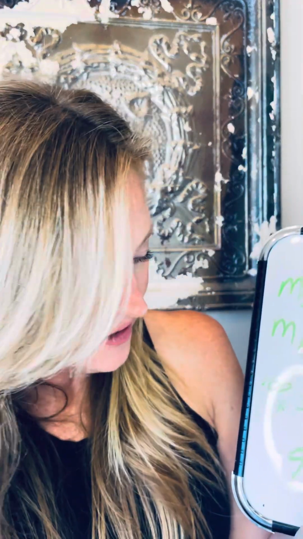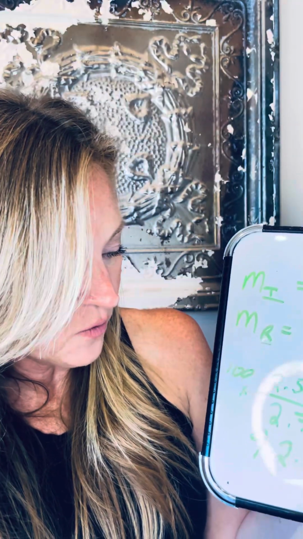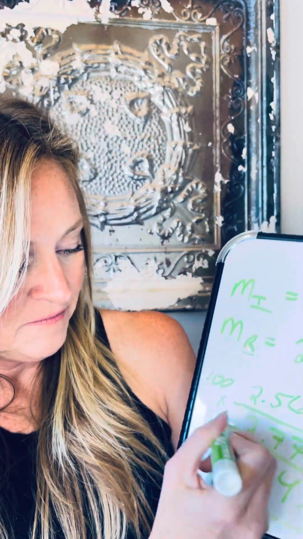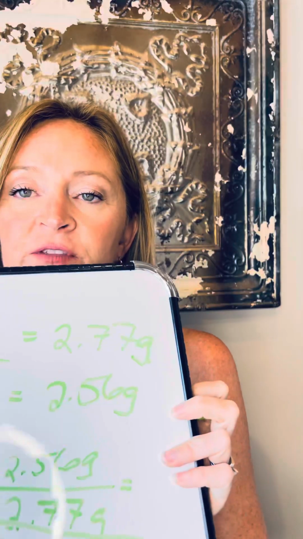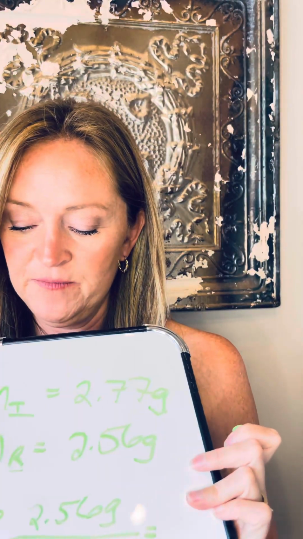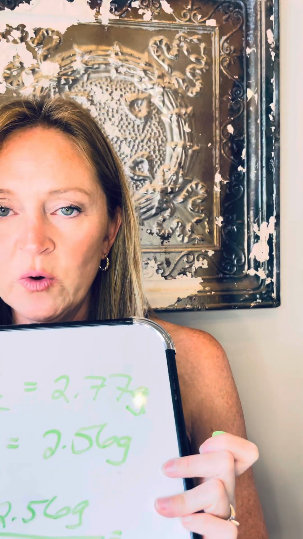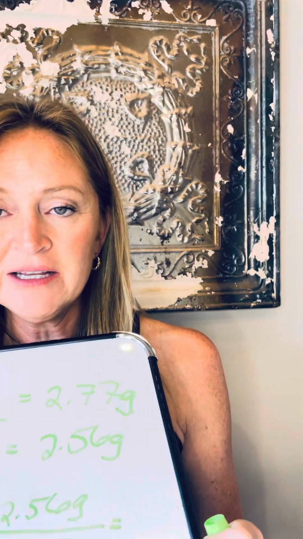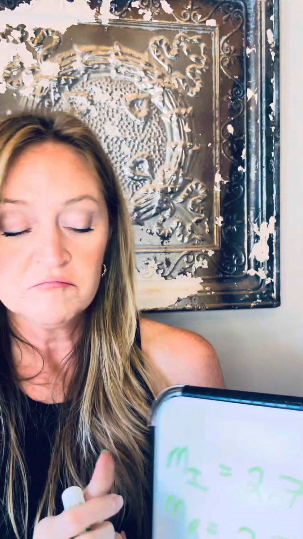My percent would be 92.4%, okay? If this was what I started off with, and this was what I recovered, 92.4%. Not too bad, right? I think it's not too bad. All right, so I recovered 92.4%.